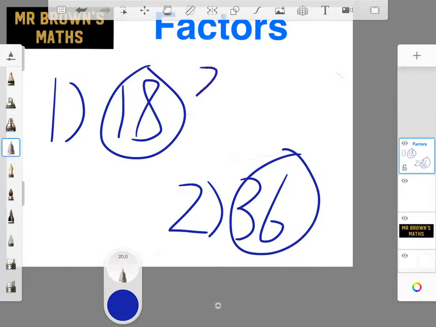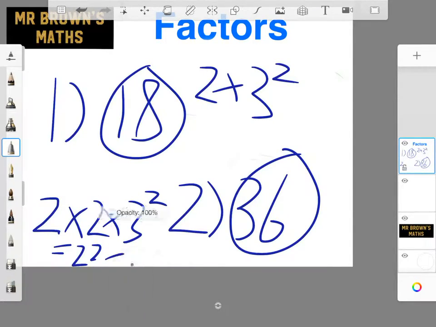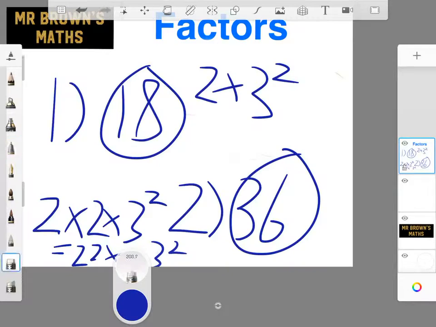For the first one, you should have got 2 times 3 squared, and for the second one you should have got 2 times 2 times 3 times 3, which gives you 2 squared times 3 squared.